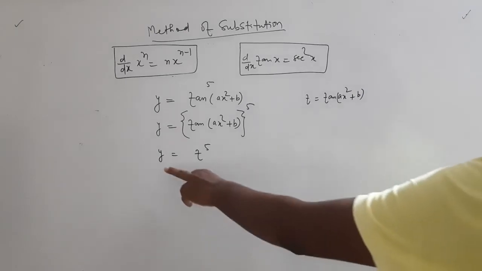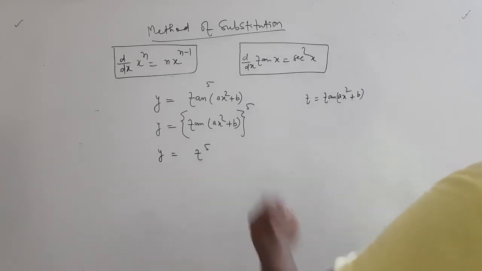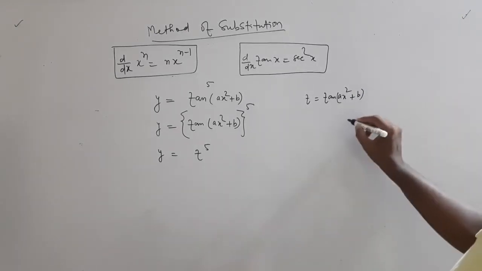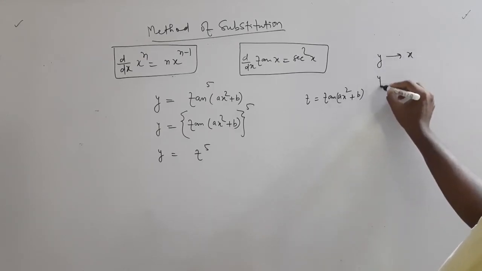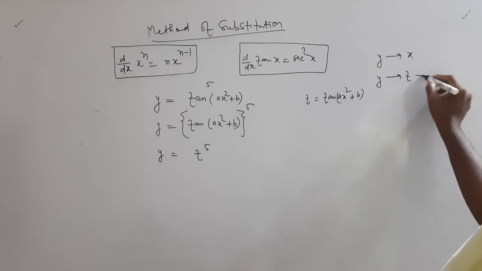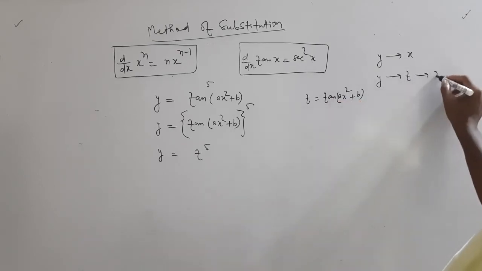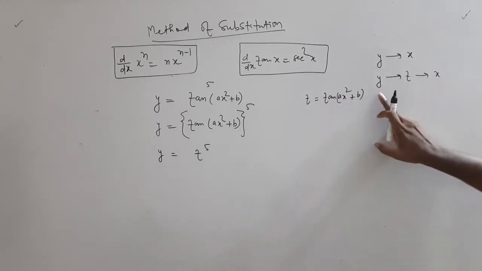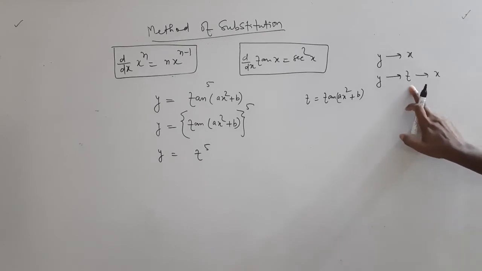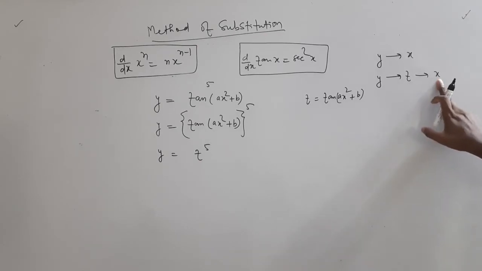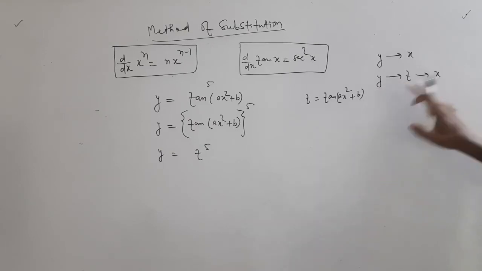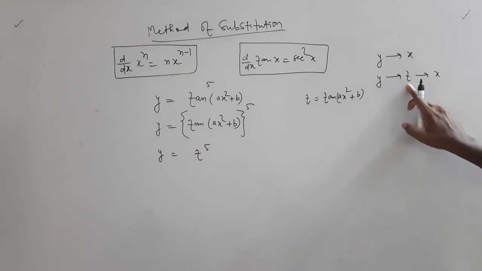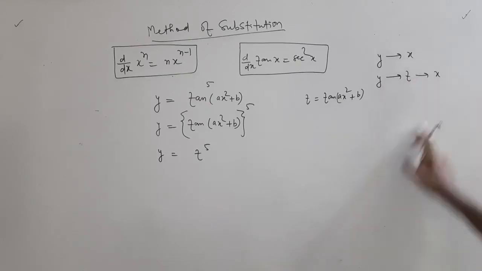So now y has become a function of t, and t is a function of x. So we got a chain: y is related to t and then t is related to x. So we do not have the direct relation from y to x after this substitution. So we'll use the chain. We'll find dy by dt and then dt over dx.